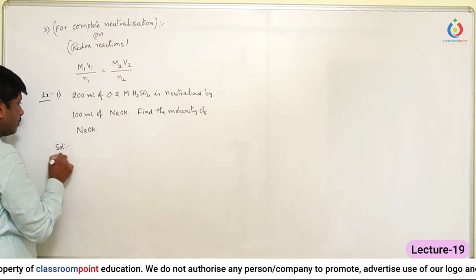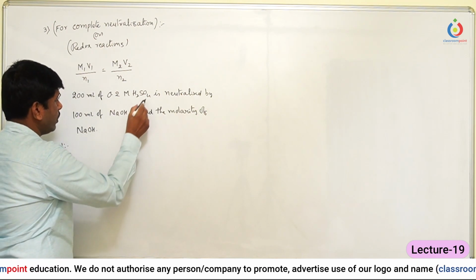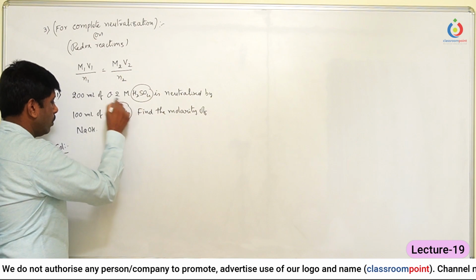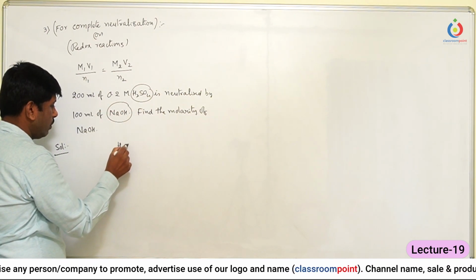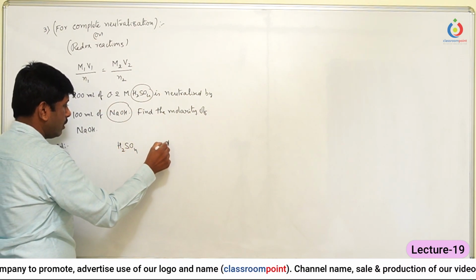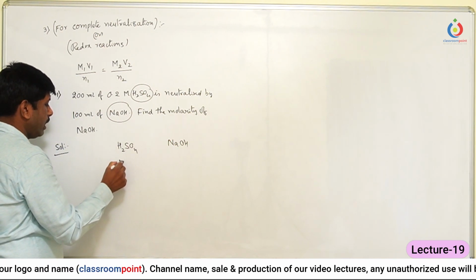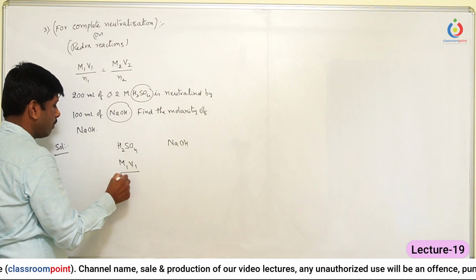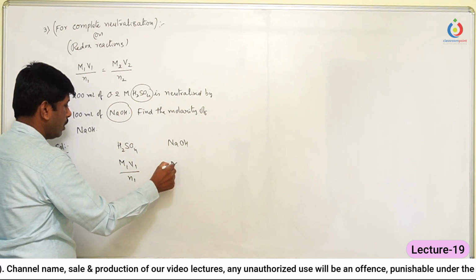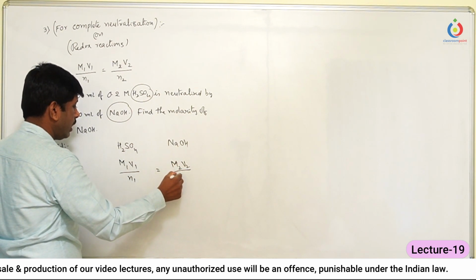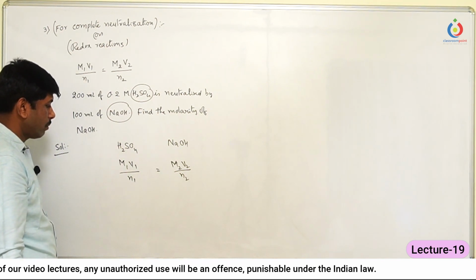So, solution. Here H2SO4 and NaOH, both are given. Let us write down the H2SO4 on one side and NaOH on the other side. So let us make M1 V1 by N1 for H2SO4 and M2 V2 by N2 for the NaOH.